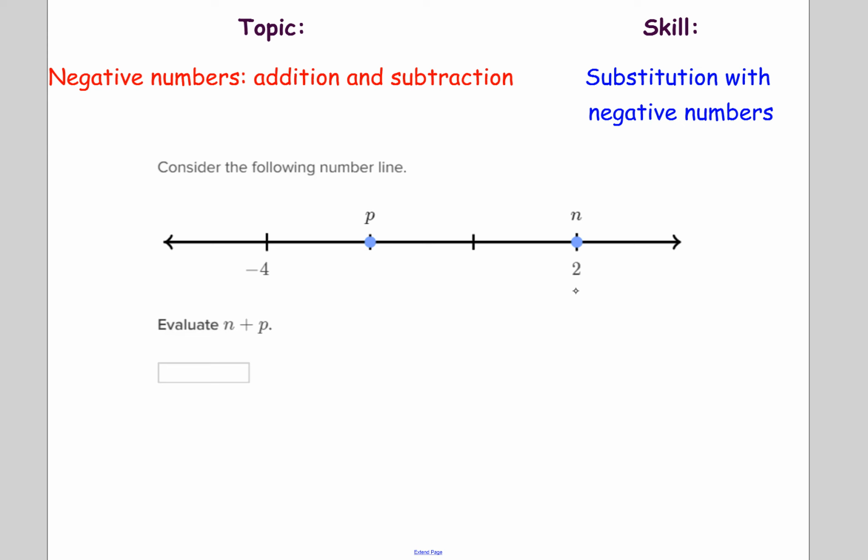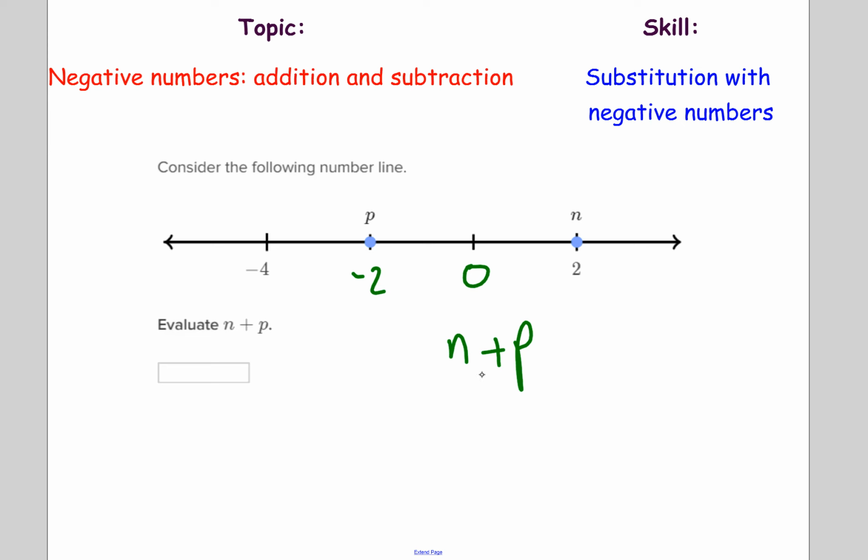So what if we count by 2? So if this is 2, this would be 0, negative 2, negative 4. Yep, that works out. So 2 minus 2 is 0, minus 2 is negative 2, and then negative 4. Good. So now that we have that, n plus p is, don't get lazy, write this out.